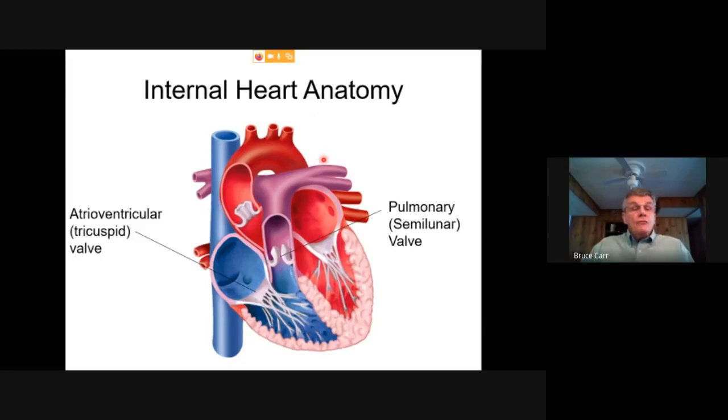The valves, these atrioventricular valves, are so named because they are between the atrium and ventricle. The semilunar valves are named for their shape. On the right side, the atrioventricular valve is also called the tricuspid because of its three flaps. The semilunar valve on the right side is called the pulmonary valve because it's directing blood to the lungs.